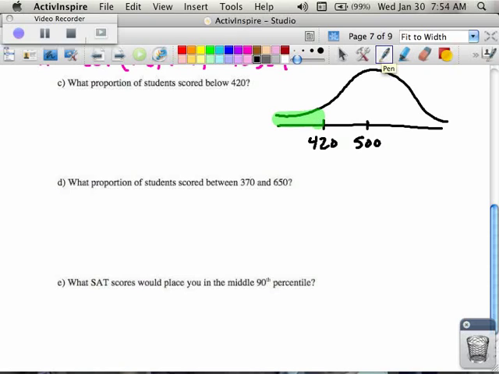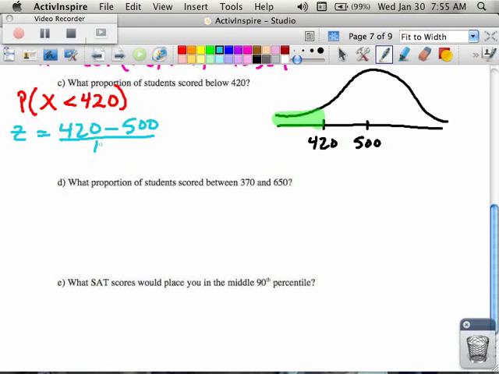So the question is again, what's the probability or proportion that my scores are below 420? To figure that out, I find my z-score by taking my score, minus the mean, divided by the standard deviation, and I get negative 0.8.